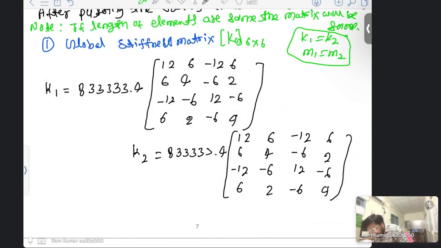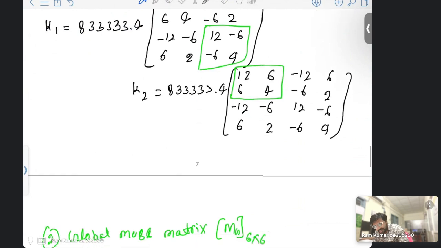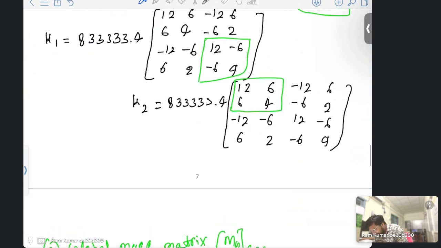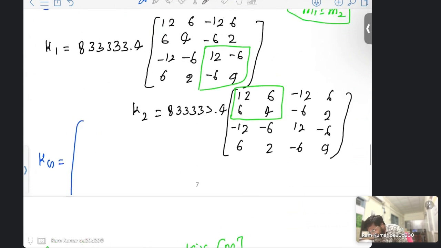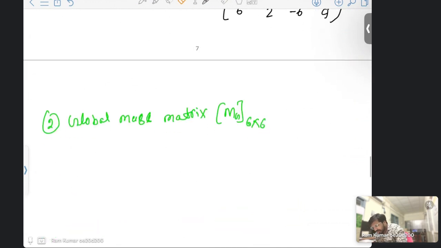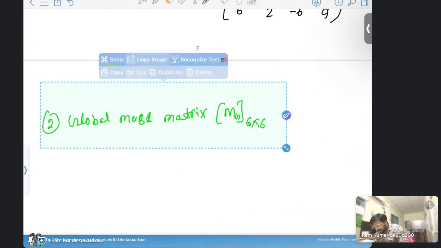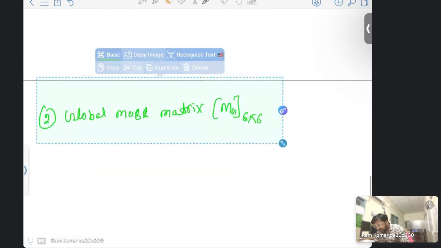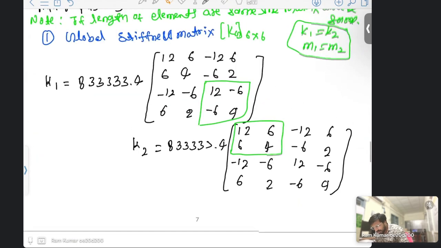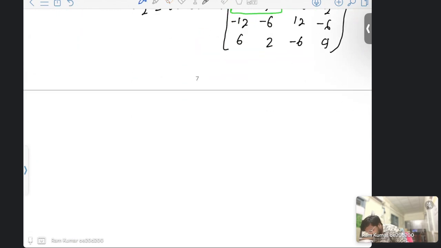So what we have to do, we need to add only these coefficients. So we will get the final global stiffness. It will look like Kg will be 12 cross 12. Okay, wait, I will write it down here. So our Kg will be 12 by 12.